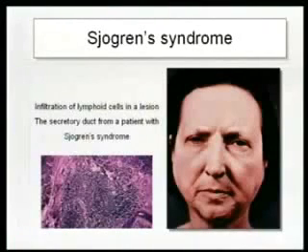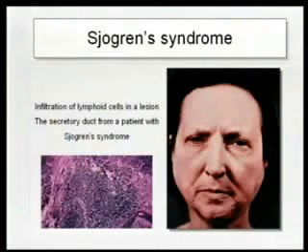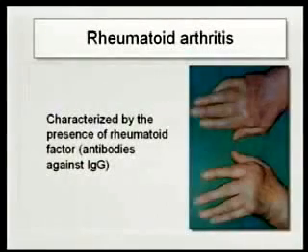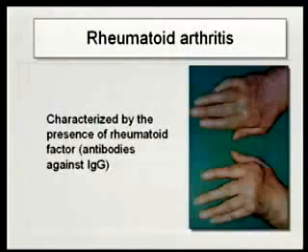But there's also cellular infiltration. So you've got to remember that, both cell-mediated and antibody-mediated. In the case of rheumatoid arthritis, of course, the joints are involved, and you will see a lot of those in rheumatology lectures and in pathology lectures, and there the antibodies are against immunoglobulin, referred to as rheumatoid factor.